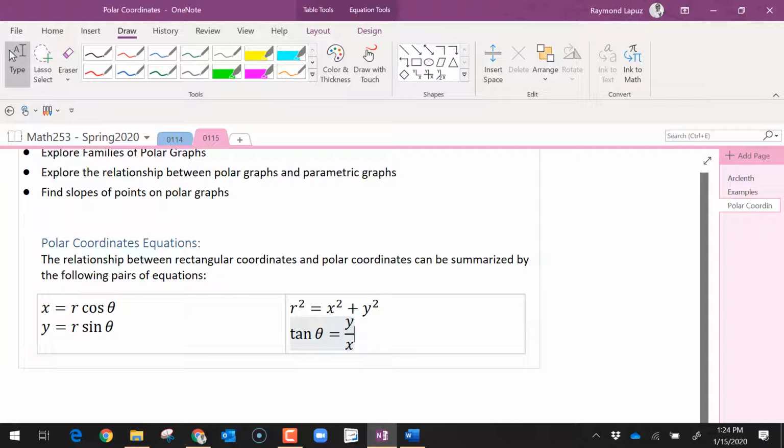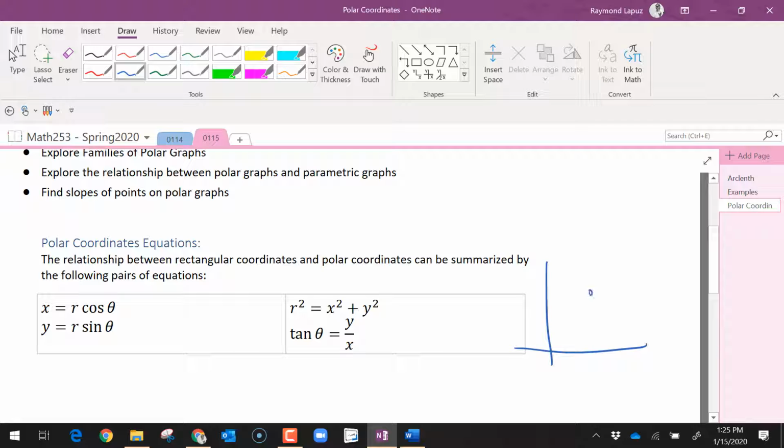All right. And so what we want to do is look at the relationship. We can take a look at the relationship graphically. There's an interesting geometry behind this relationship between your x and y in your Cartesian coordinates versus how we're going to measure this in polar coordinates.